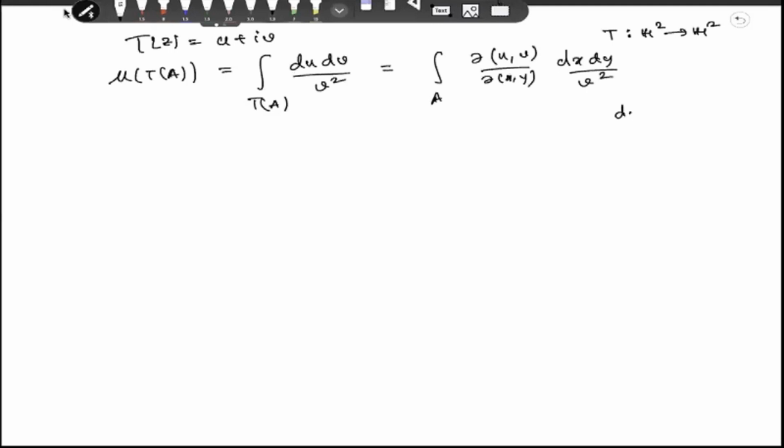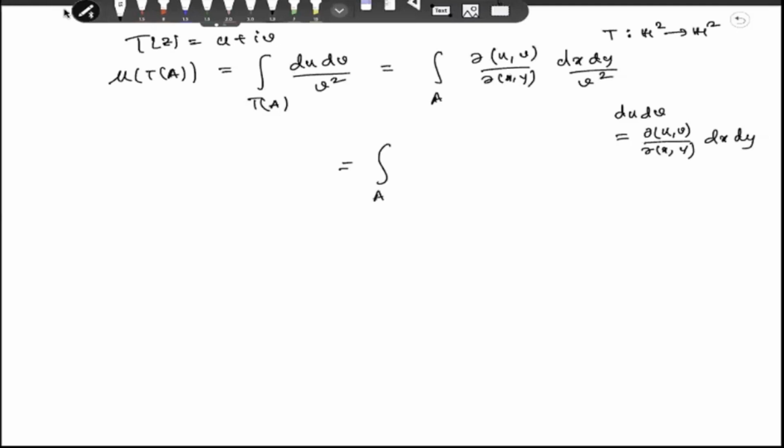So this du dv is equal to the Jacobian times dx dy.